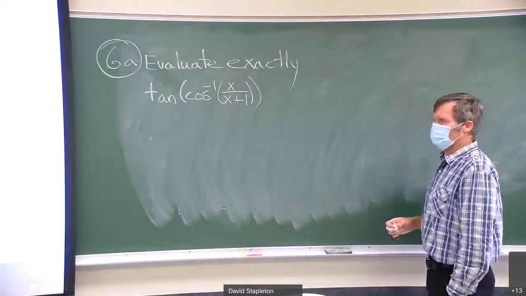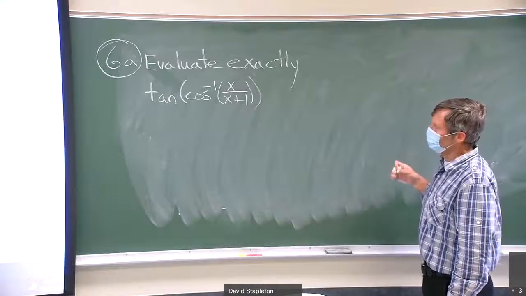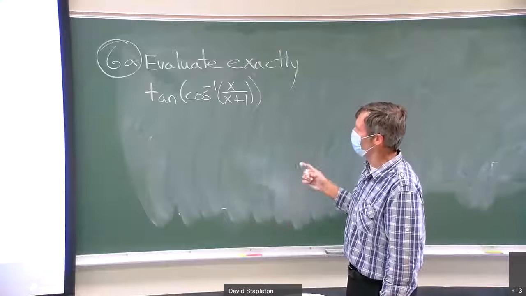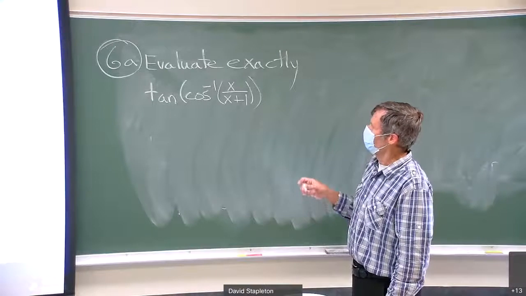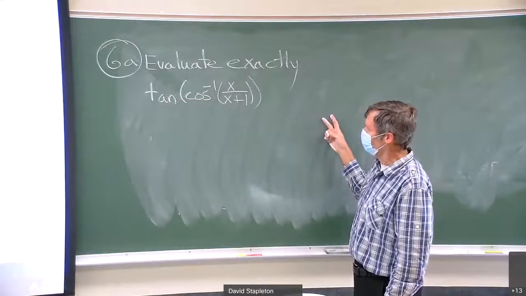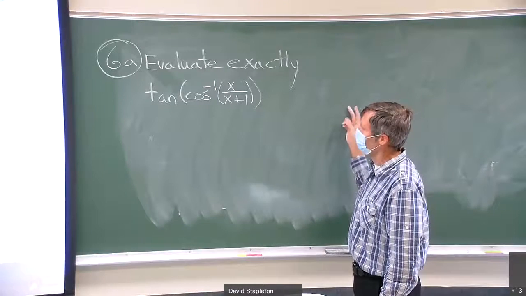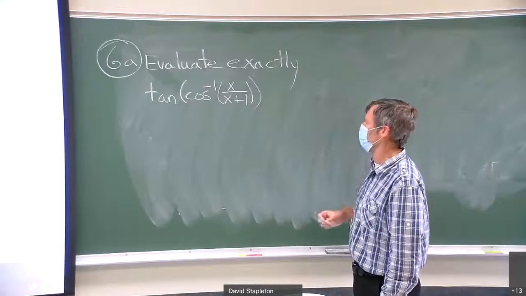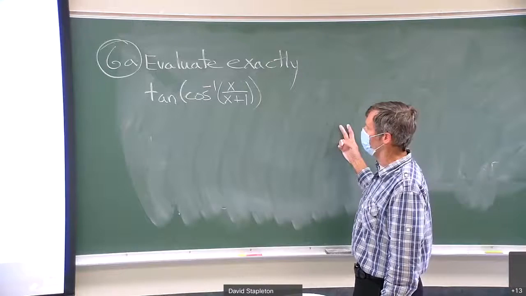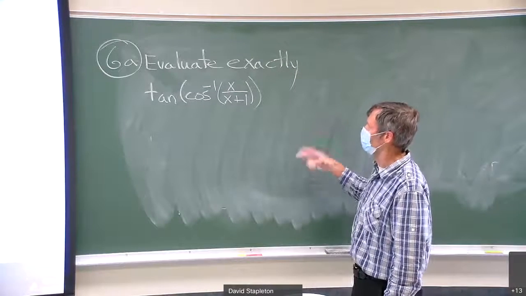Now, the trick here is to think of this a little bit like a cookbook: if it's this kind of problem, I'll do this; if it's that kind of problem, I'll do that. We have different cases. You take a trig function of its own inverse trig function. It either undoes it, or you can evaluate it in the unit circle to do it exactly. If you have an inverse trig function of a trig function, it either undoes it and gives you the same number back, or it's undefined, those kind of things.